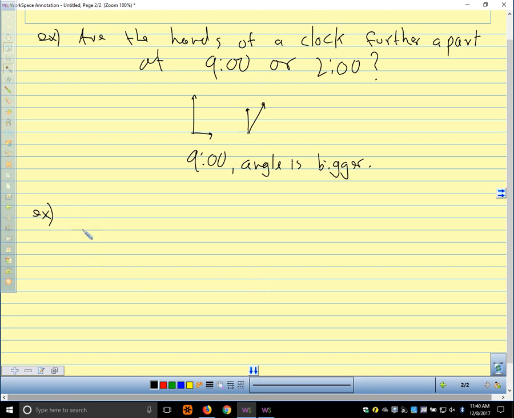Let's look at another one. Here are two triangles. And I have a 90-degree angle here. We'll call that ABC again.